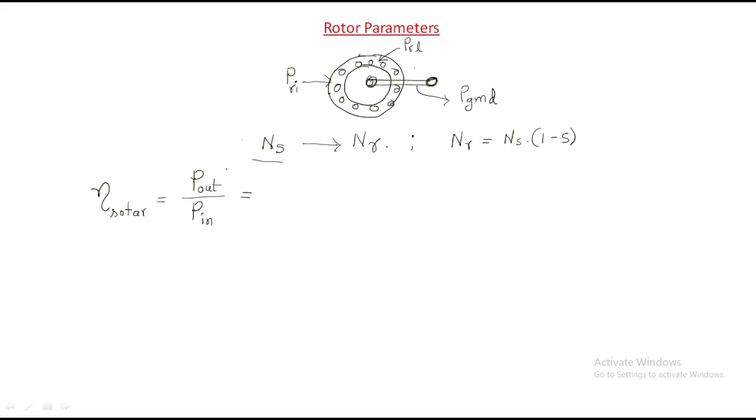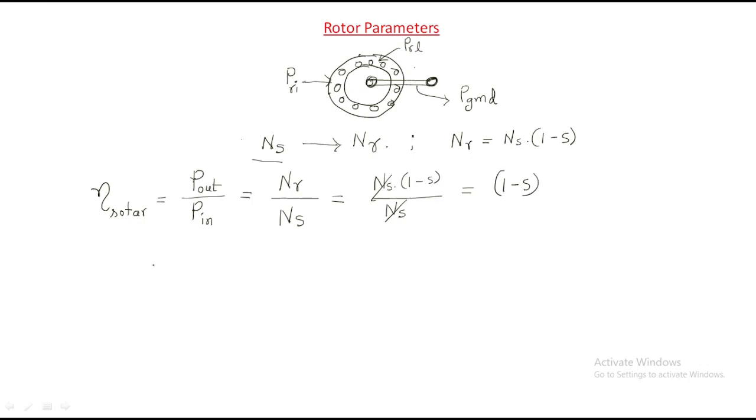Since torque is constant, the output corresponds to rotor speed and the input to synchronous speed. I give the input as synchronous speed, but the rotor rotates at its rotor speed. What is NR here? NR is NS into 1 minus S. The NS cancels, leaving 1 minus S.